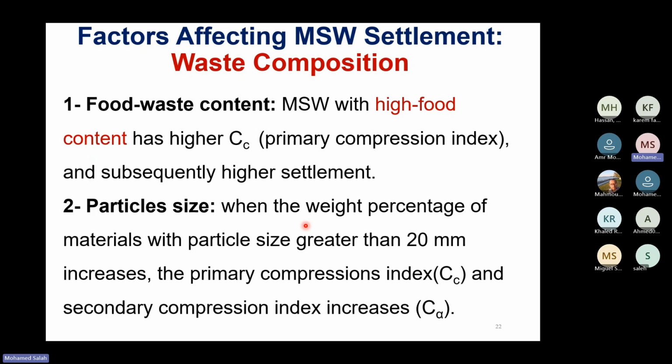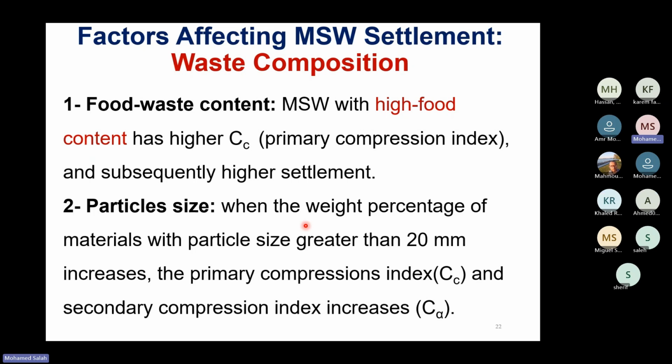At the end of the day, this means that a waste with higher food content, or a higher ratio of particle size greater than 20 millimeter, will have increased waste settlement.